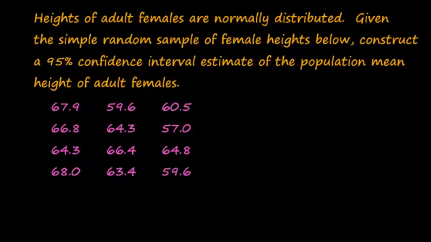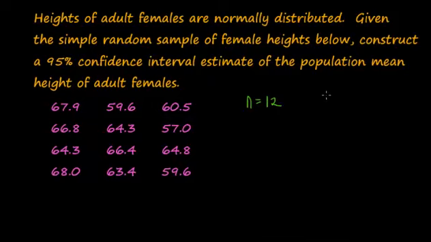So clearly this is not a problem where we can be using the z-distribution, because nowhere in here were we given any information about the population standard deviation. So let's note some of the things we found, and then we'll calculate our sample standard deviation and mean. Okay, so n, what is our sample size? Well, we have 4 rows of 3 heights here, so we have a sample size of 12.